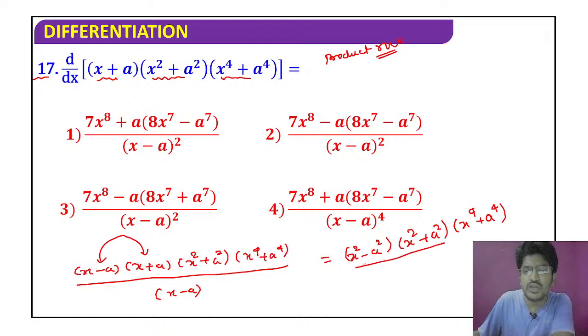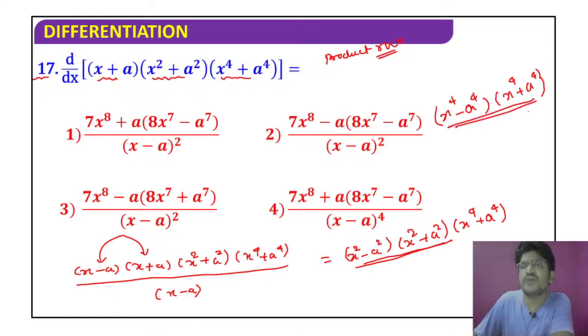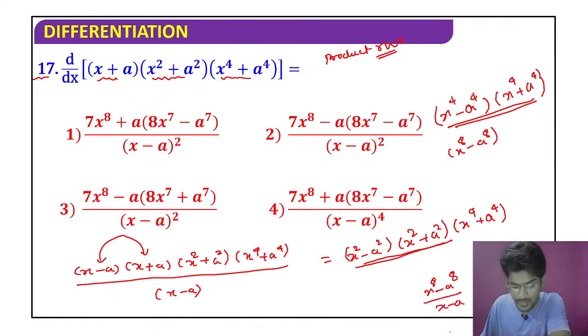What about these two terms? If I simplify these two terms again, it will be x raised to 4 minus a raised to 4 into x raised to 4 plus a raised to 4. Now you simplify this. It will be x raised to 8 minus a raised to 8. That means you can write it as x raised to 8 minus a raised to 8 divided by x minus a. Are you clear?